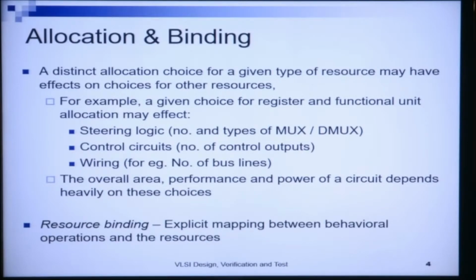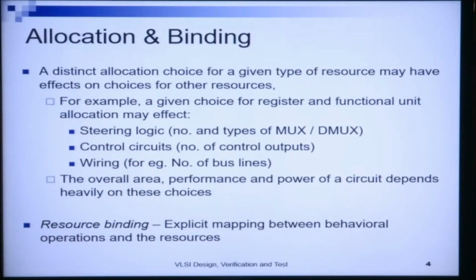Now, a distinct allocation choice for a given type of resource may have effects on choices of other resources. Let us say I have chosen a certain number of registers for allocating the variables, the temporary registers in my schedule, and I have also decided on the number and types of functional units that I will use to implement the operations in my schedule.